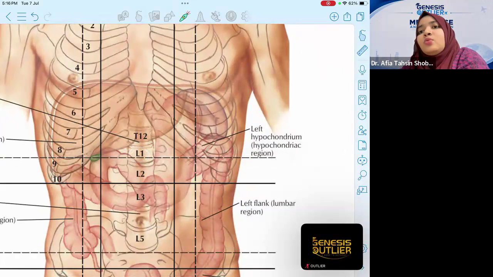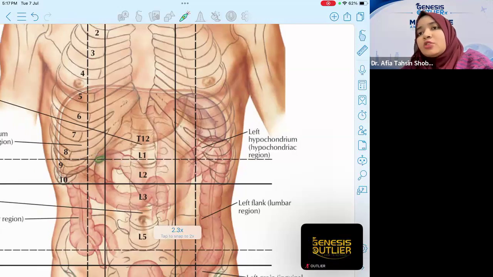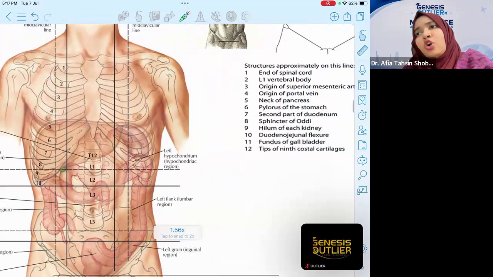So see here which structures are present. Just focus on the name transpyloric. So pylorus, you will get the pylorus of stomach. Then you will get the fundus of gallbladder. You will get the first part of duodenum, and you will also get the end of the spinal cord at the lower level of L1. We all know the L1 vertebral body, already I have told.